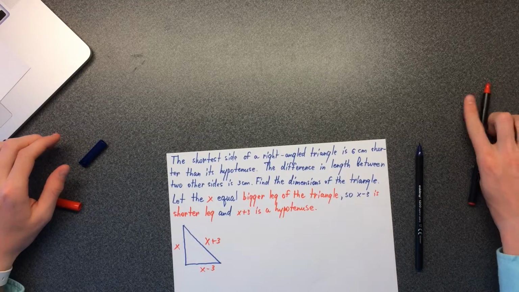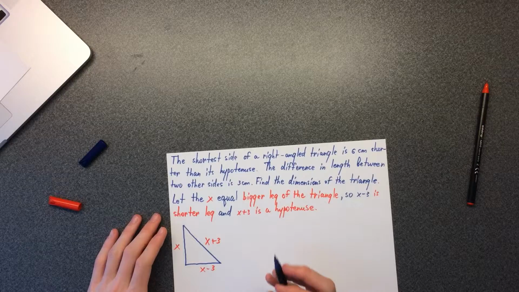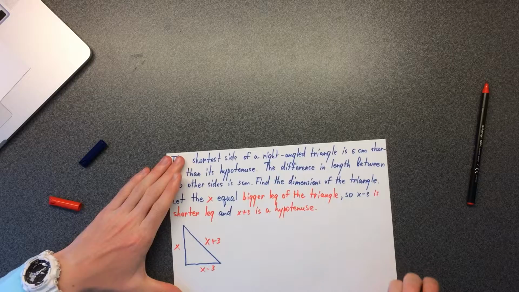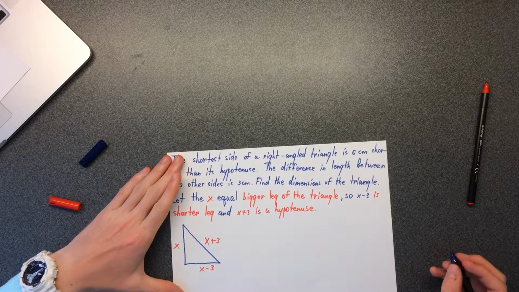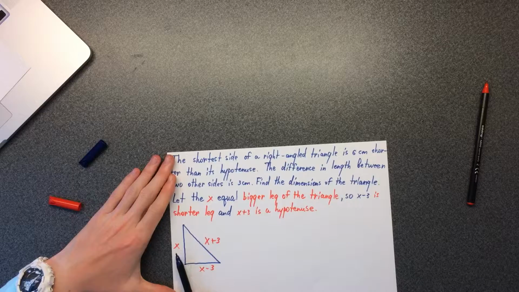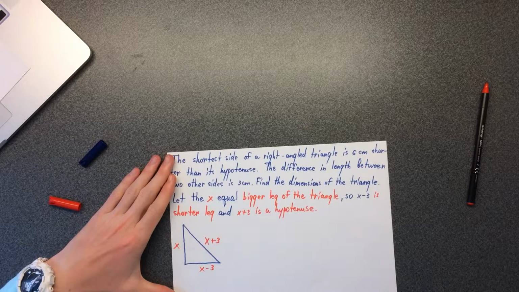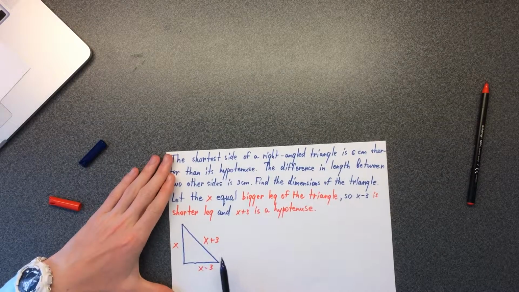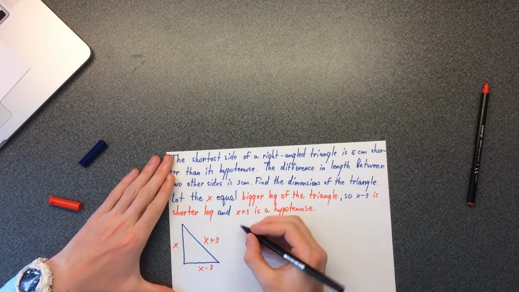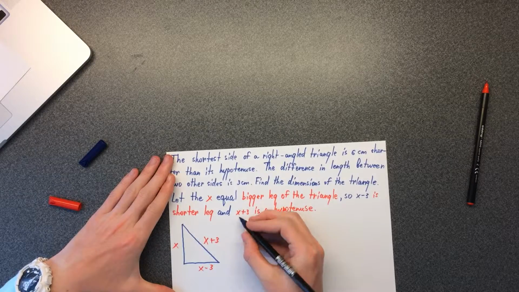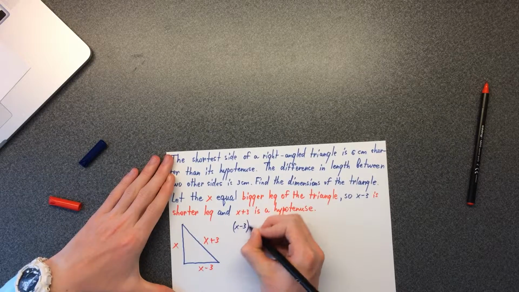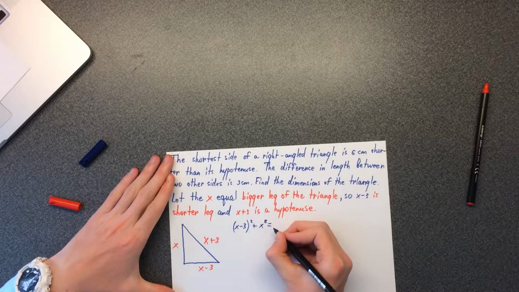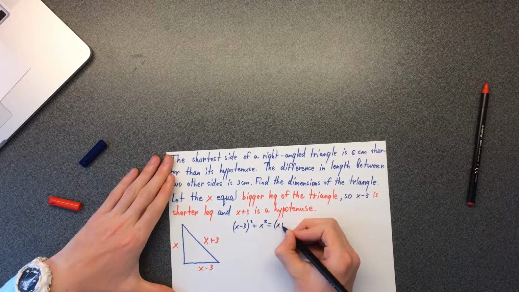In this triangle we can use the Pythagoras theorem, which says that the sum of squares of one leg and another equals the square of the hypotenuse. So we have the square of the shorter leg, x minus 3 squared, plus the square of the bigger leg equals the square of the hypotenuse.